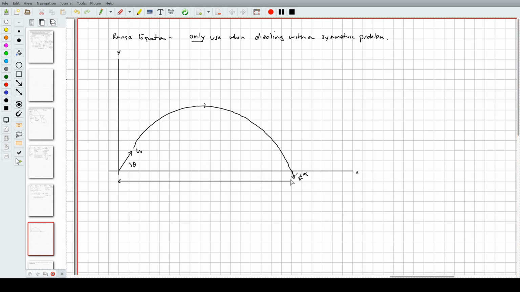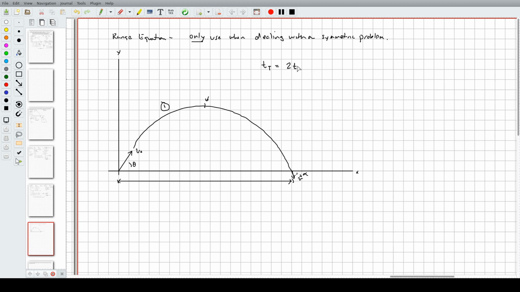Okay. So in many ways, it's similar to one of the previous problems that we worked. Now, the trick here is that this is symmetric, and when you're dealing with a symmetric problem, there are certain things you can take advantage of to make your work easy. For example, if I found the amount of time it took for the projectile to get up to the very top, and doubled that, I'd have the total time.